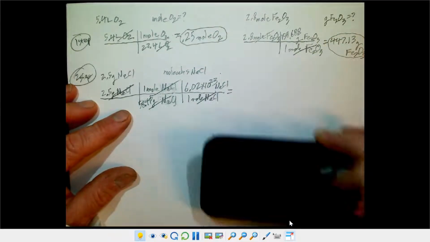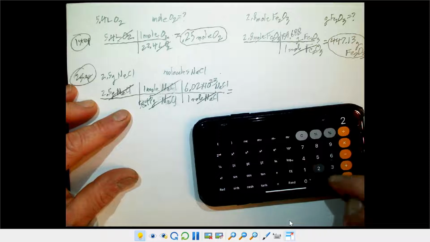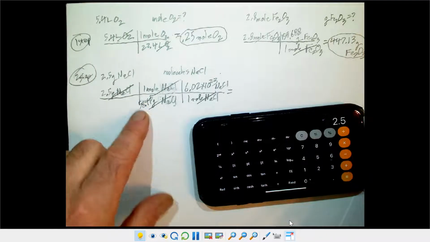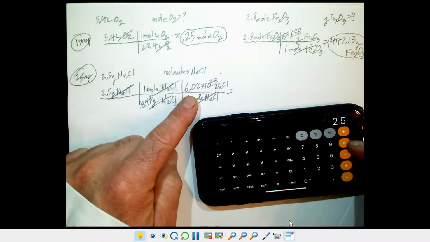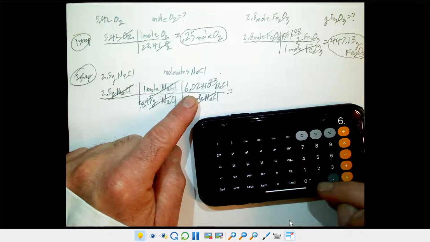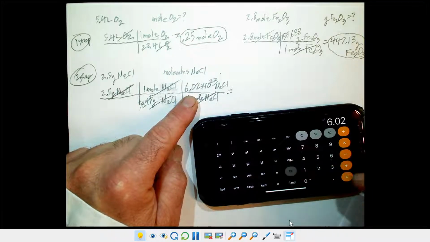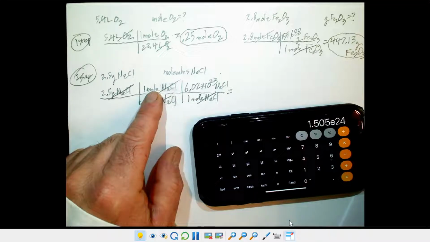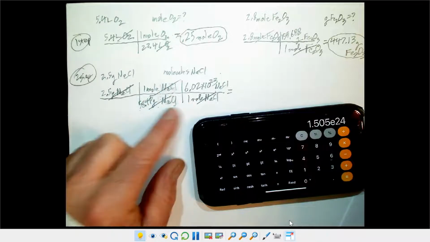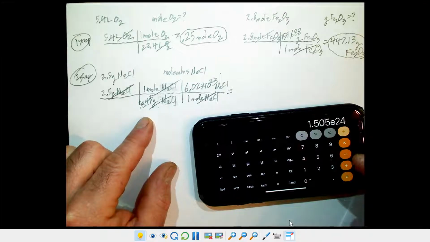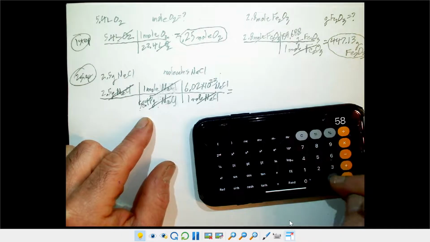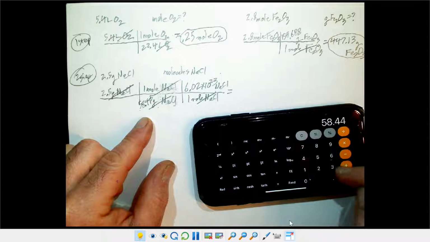All right, so we're going to put 2.5 in here. We're going to multiply by Avogadro's number, 6.02 EE 23. And then we don't have to multiply by 1, and we don't have to divide by 1, but we do have to divide by 58.443.